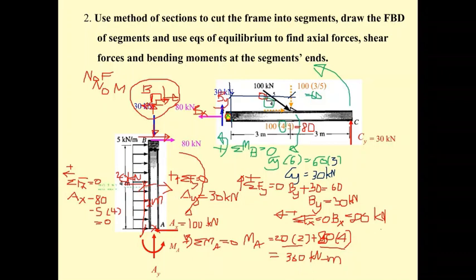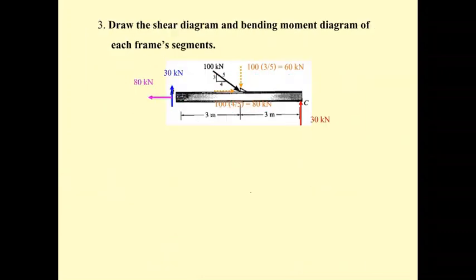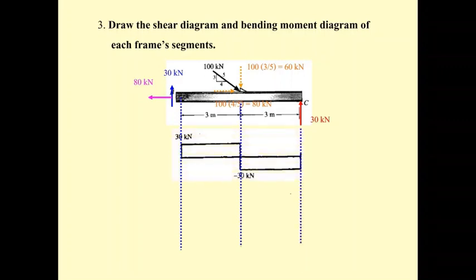Okay, follow this. You have this 20 kilonewton, this 100 kilonewton, and this 30, and M sub A. M sub A is 360, as we have before here. Okay, we start by drawing the shear diagram. The first one is the beam BC.